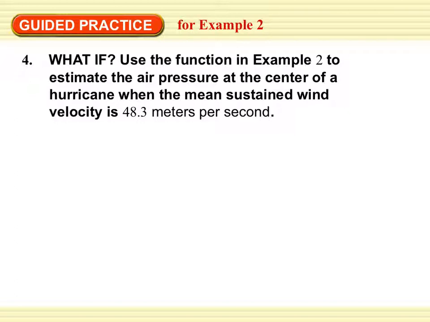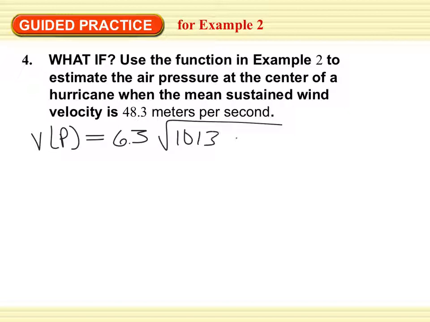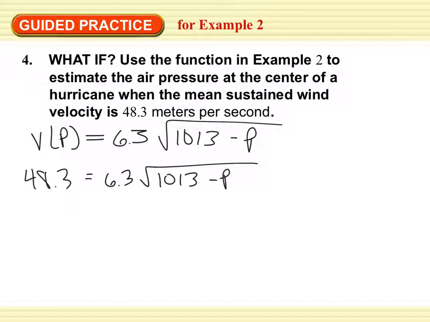What if my sustained wind velocity was 48.3 meters per second? Sorry, that equation was 6.3 square root of 1013 minus P. So we're saying here I have 48.3. Divide both sides. 7.7.